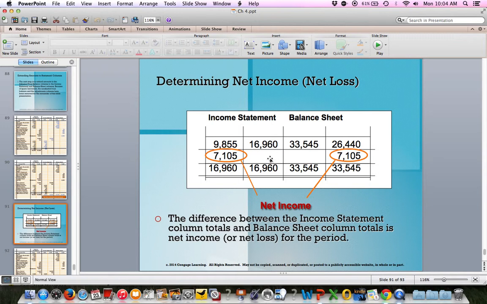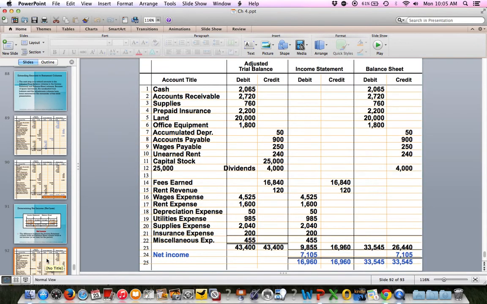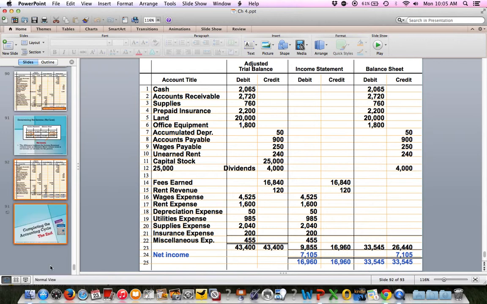My revenue is $16,960, expenses are $9,855, the difference is $7,105, and I need that number as a debit on one side and a credit on the other, assuming we have net income. If I had a net loss, it'd be a credit on the income statement and a debit on the balance sheet to make it balance. So I plug that in, and now all of my columns balance.